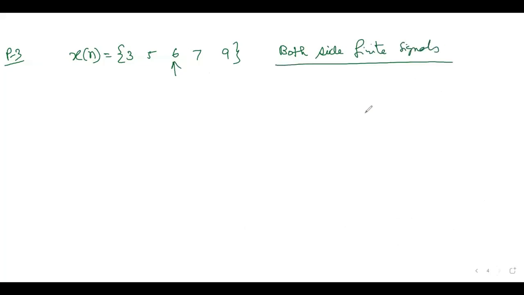Because if we sketch, we will get this. So here the origin value is 6. This is the origin. Then here is 7. This was then the 9.